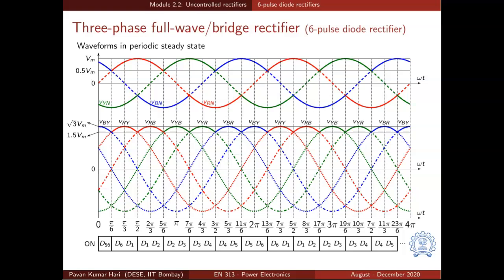So when D6, D1 are conducting, the voltage is VRY. That is this. And when D1, D2 are conducting, it is VRB. When D2, D3 are conducting, it is VYB, and so on.